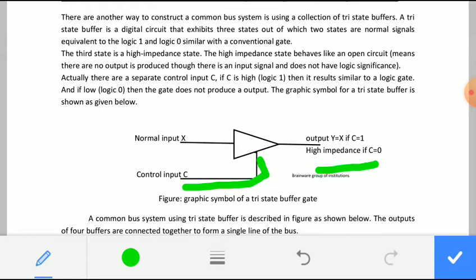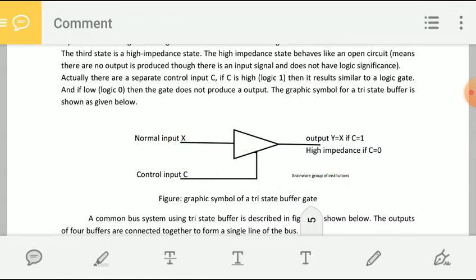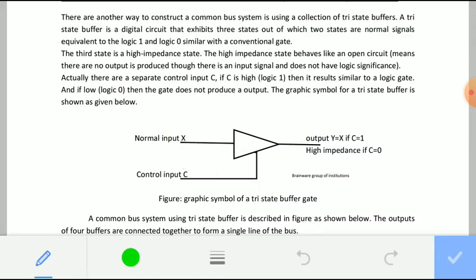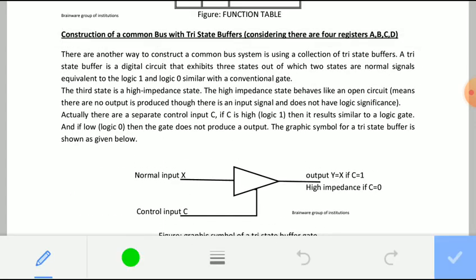So C is a control unit. When the control unit hits the tri-state buffer, the tri-state buffer forwards the data to the output. If it does not hit the buffer, then the buffer will be in the inactive state. Is that clear? That is the basic idea of the tri-state buffer. Consider a register A as the channel.